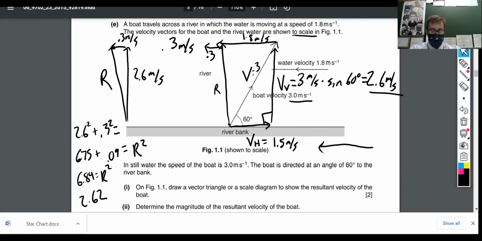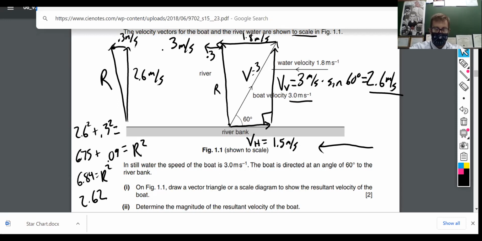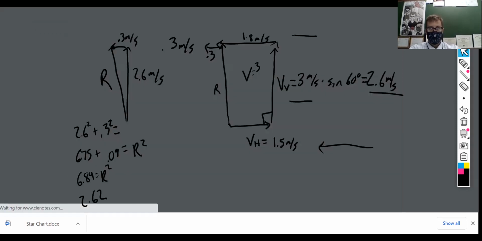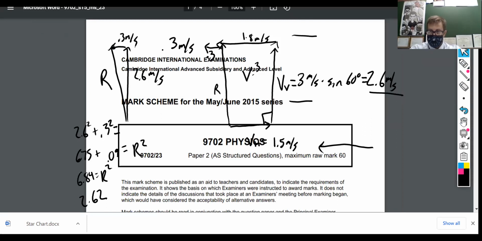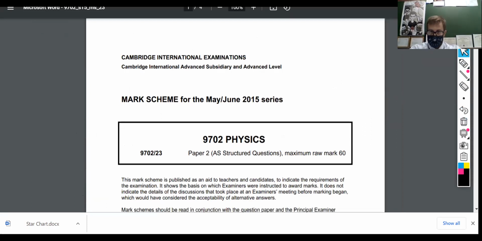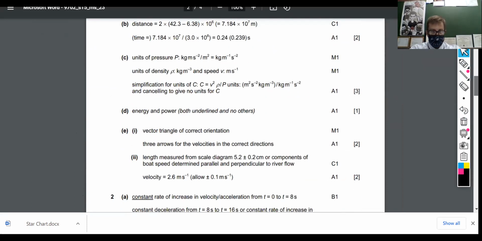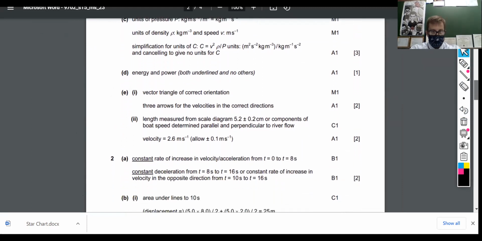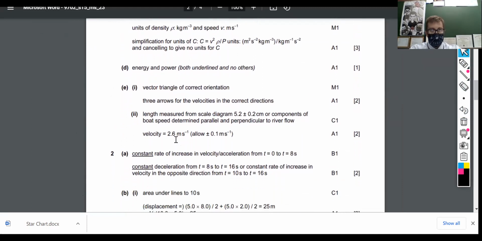Take a moment now and change these letters to these letters. Velocity equals 2.6. All right. So when you round it, it ends up just being 2.6 anyway.